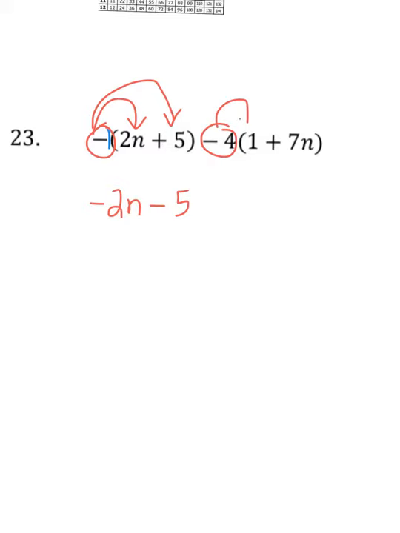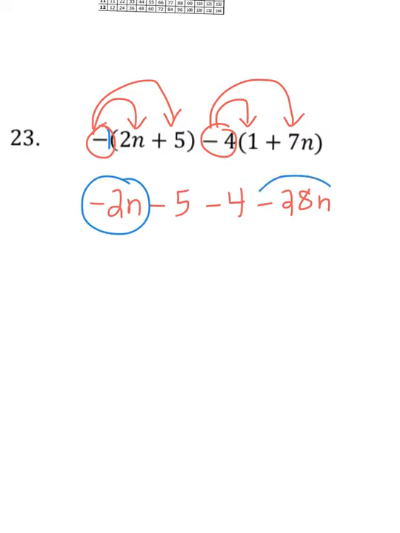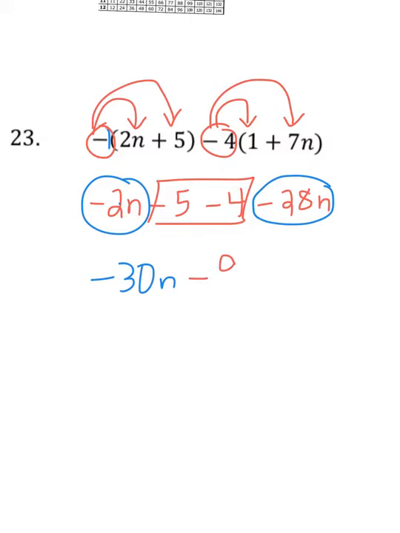Negative 4 times 1 is negative 4. Negative 4 times 7n is negative 28n. Combine my n's, a negative 2 and a negative 28. That's negative and more negative is a lot of negative. That's negative 30n. Negative 5 plus negative 4 is negative 9.